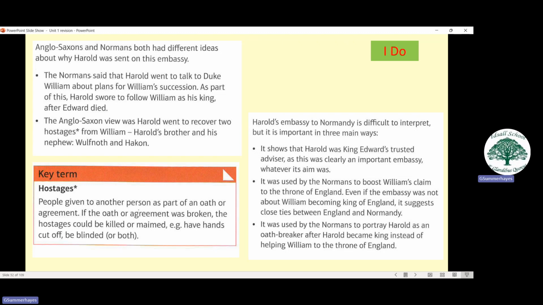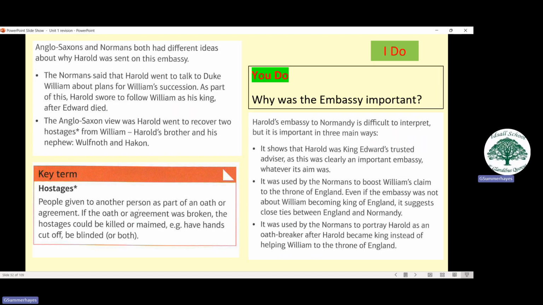Some people, the Saxons, say that William had already got hostages, a couple of Harold's relatives, and he wasn't able to get them back. Anyway, all it does definitely show is that Harold was King Edward's top guy, his most trusted advisor. And we also know that it was used as propaganda to say why William should be king, and also that Harold was a bad, bad man for breaking that oath.